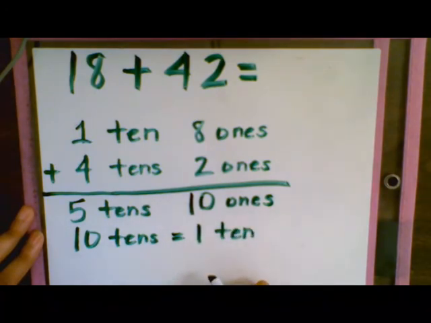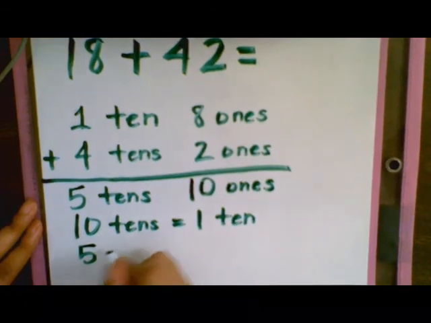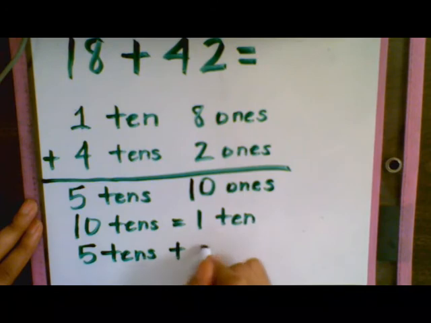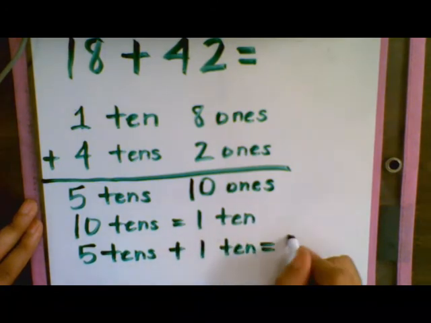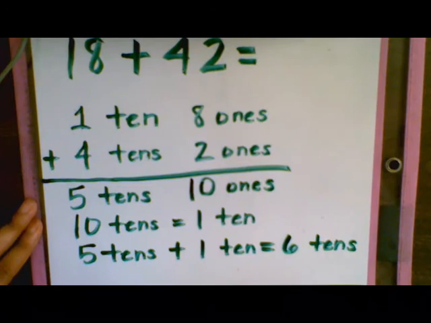Okay, so now we have 5 tens plus our 1 ten equals 6 tens. And if we go ahead and count everything together, if we're counting by tens, we know that 6 tens equals 60.